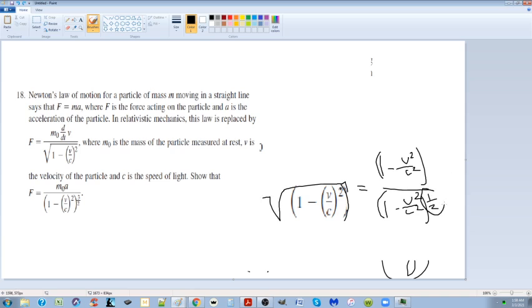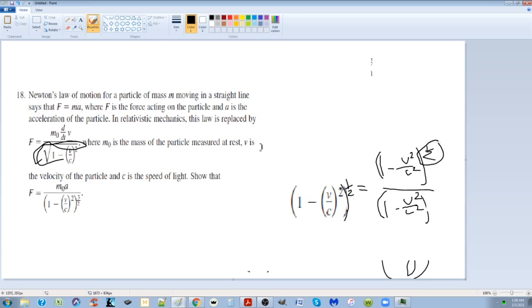I forget the technique, but essentially you're splitting this up, and if this is to the half, the square root here, you can rewrite it as, instead of to the half, it's to the 1, and the half's at the top.